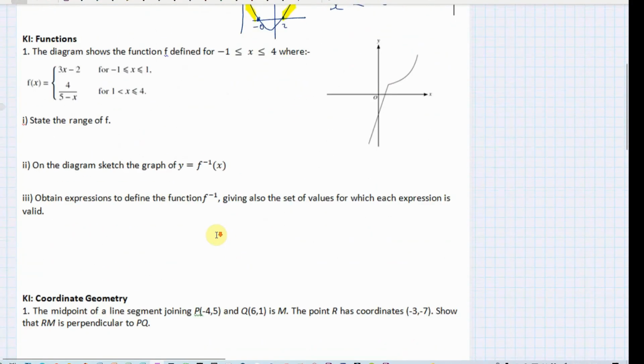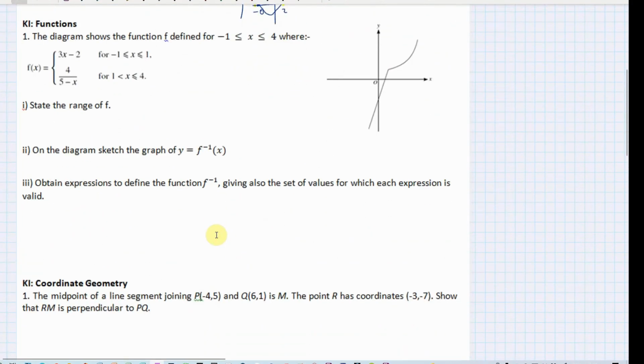Moving on to functions. We've got a function that's made up of different parts depending on where we are with our domain. So the domain is between minus 1 and 4, but from minus 1 to 1 we use this top function here, and then from 1 to 4 we use this function here.